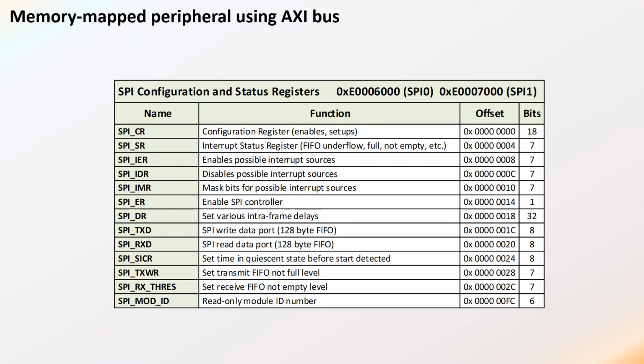So the way you interact with the SPI controller is through a set of registers that the ARM can target over the bus. And this table shows you those registers. By reading and writing the various status and control registers, you can completely control the flow of data in and out of the SPI port.